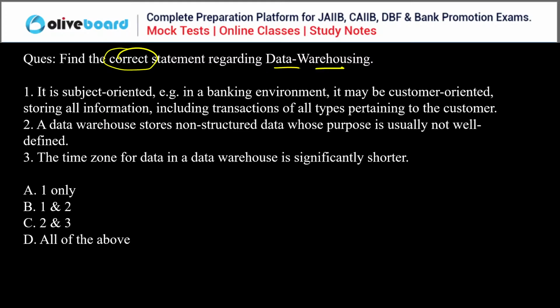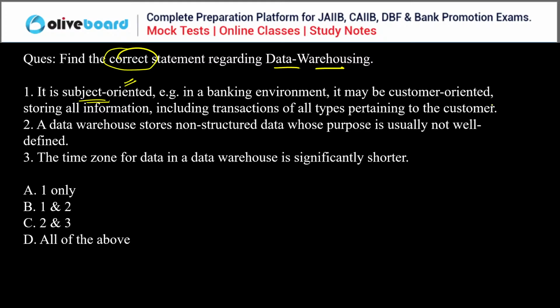Okay. So, data warehousing is subject oriented, yes. I have told you that data warehousing is subject oriented, where the usual subject is well defined. Like it may be sales oriented, market oriented, customer oriented. So the structure and the purpose should be defined for any data, right?